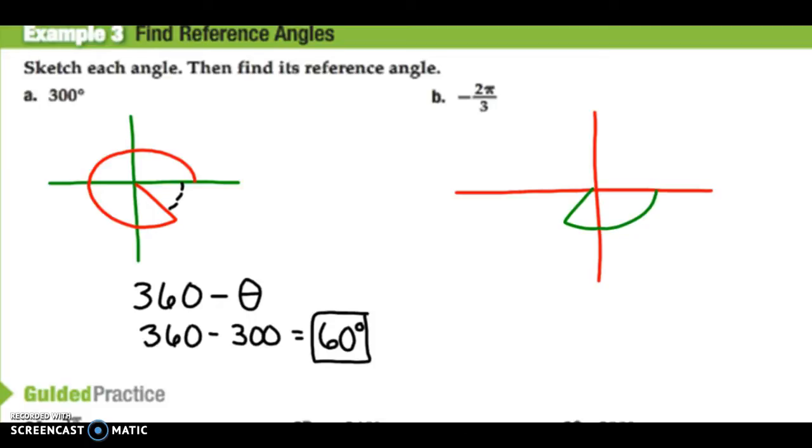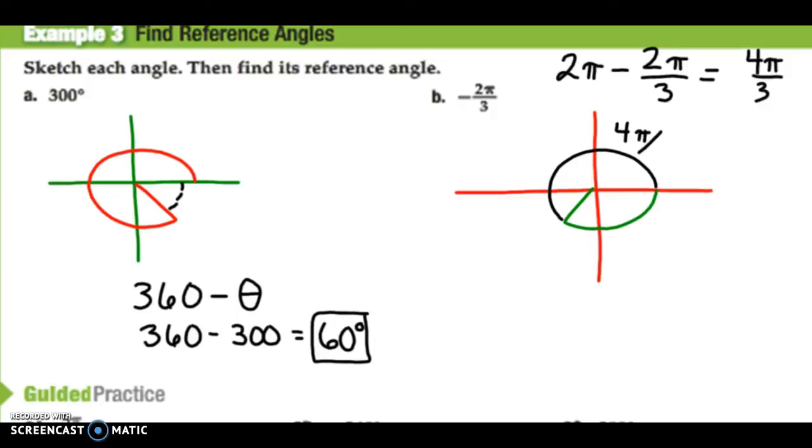So we need to figure out this positive angle the same way. So what you're going to do is 2 pi minus 2 pi over 3. Okay, so that's the same as 6 pi over 3 minus 2 pi over 3, which would be 4 pi over 3. So that's what this angle is right here, 4 pi over 3.